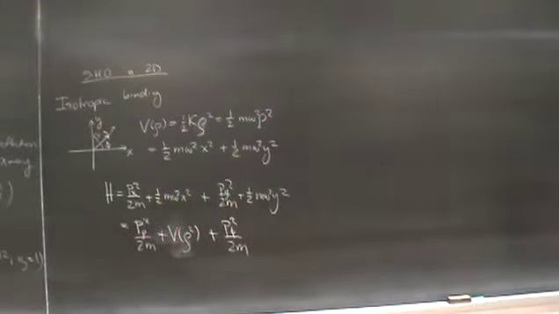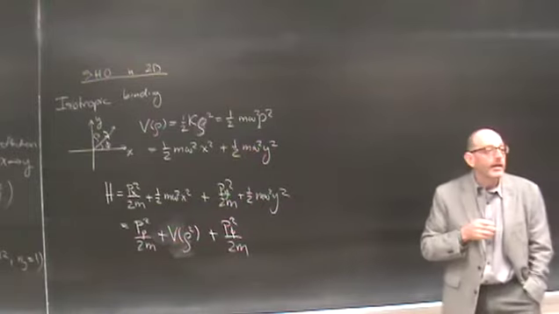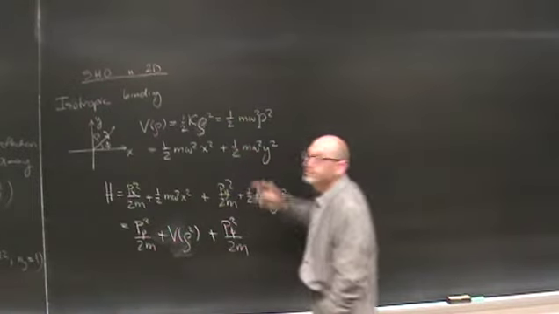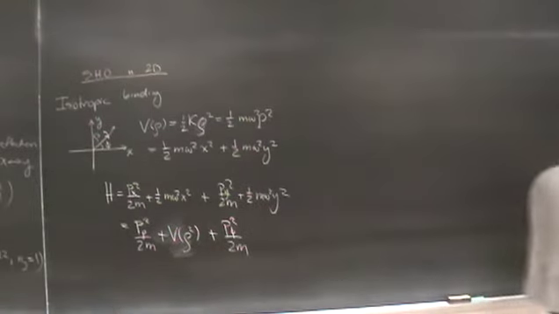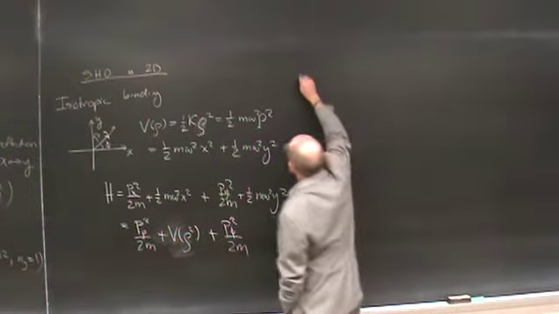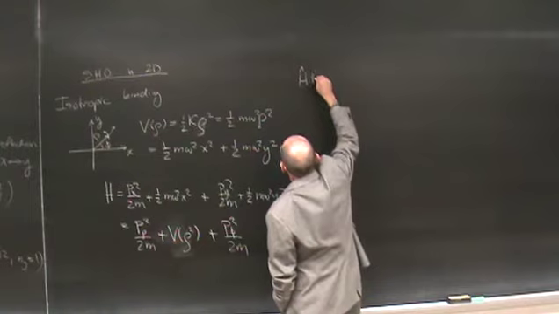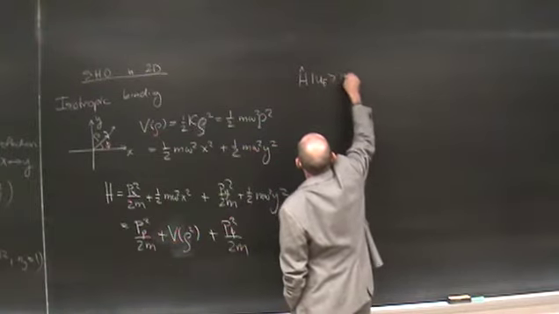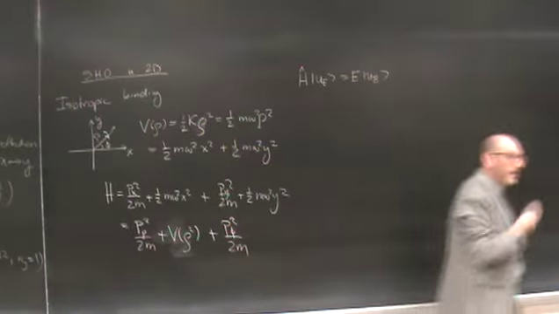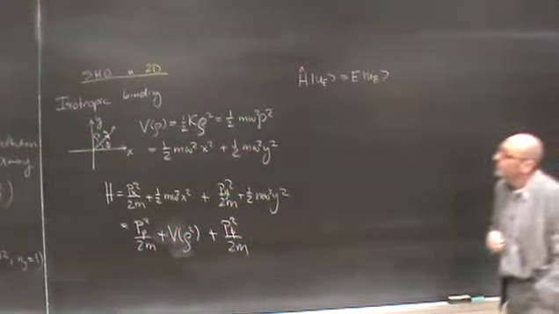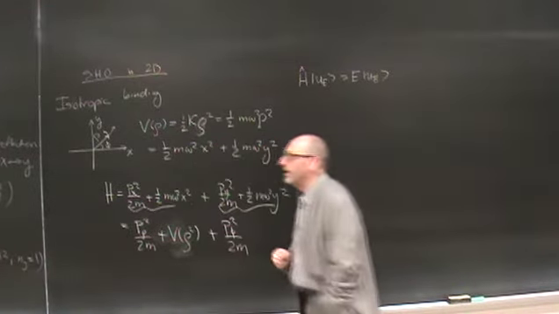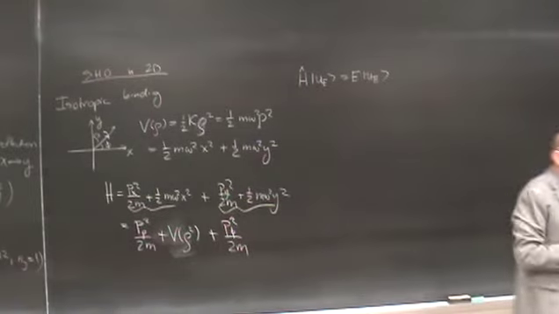Okay? So we can write down, in this case, for example, the energy eigenfunction. Suppose I choose to separate this. So I'm looking for the energy eigenvectors and eigenvalues. This problem is separable in x and y, so I can write the solutions as the harmonic oscillator along x and the harmonic oscillator along y, right?